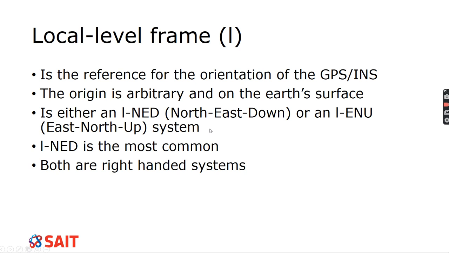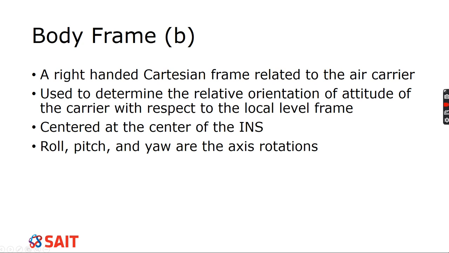They are both right-handed systems, so if you use your hands to figure that out, you should be able to get both of them to be right-handed. The local level frame is all about the Earth's surface and where the sensor is with respect to it, although actually it's not the airplane itself, it's the sensor. But the GPS and INS can also be related to the surface of the Earth, and we will relate back to those, so they do connect.